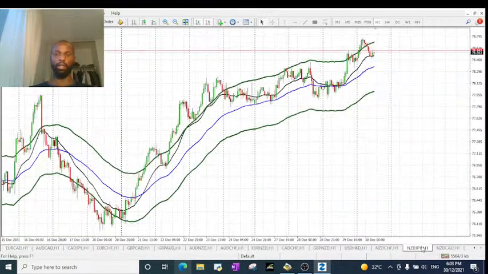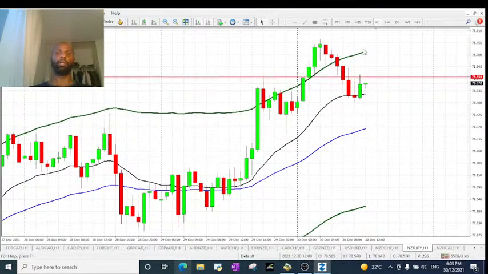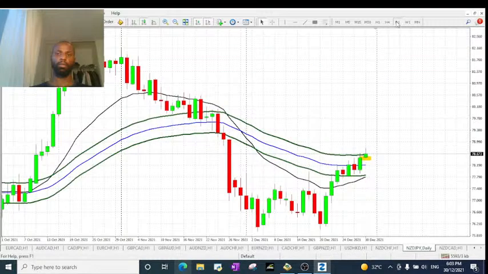Let's see how the NZ yen closed. Yeah, looks all right. We can take a trade here. What does the 4-hour chart look like? We can take a trade and target this high. Daily chart looks all right.